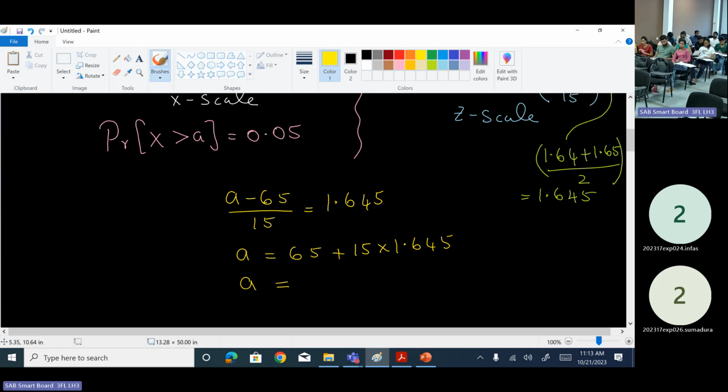So what is the value? It comes to 89.675.